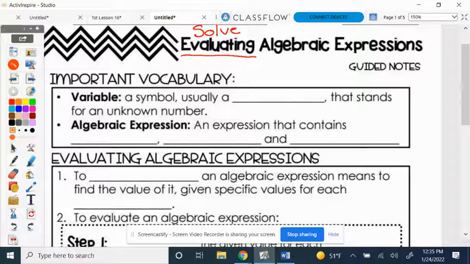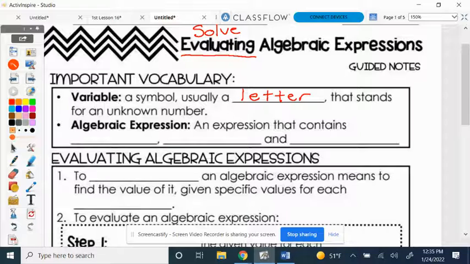So if we look at this, it's nothing new. This is what we've been talking about. A variable is a symbol, which is usually a what? What is the variable usually? We've pointed them out. What are they, Abby? It's just a letter. So a variable is a letter that stands for an unknown number.